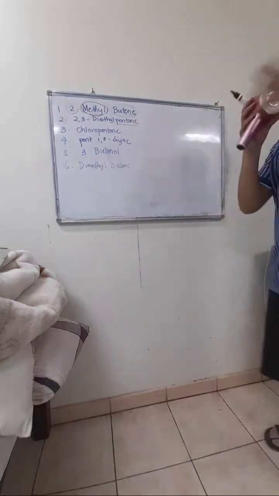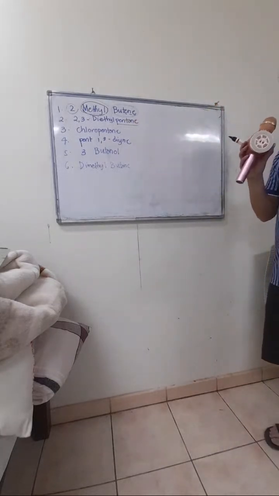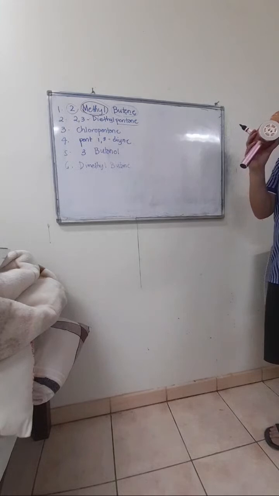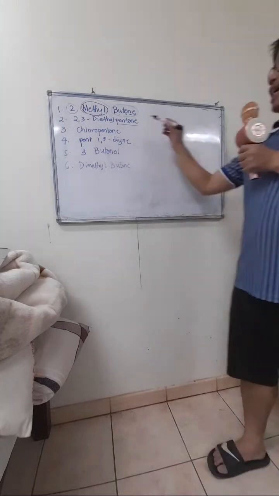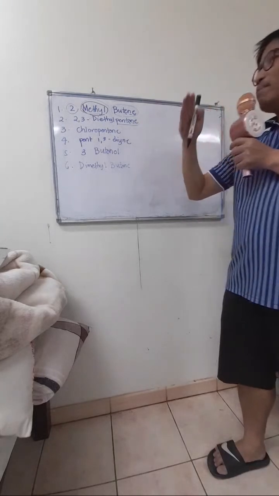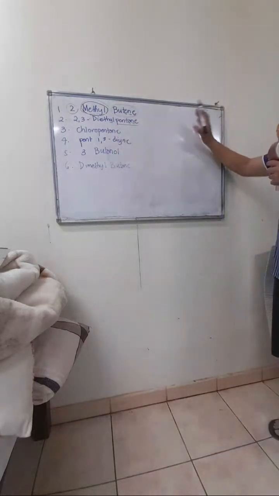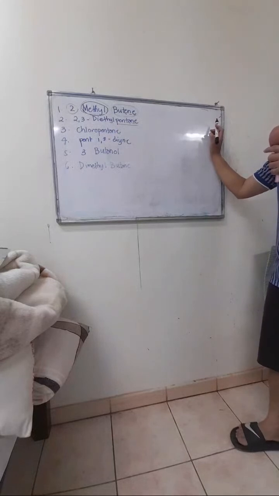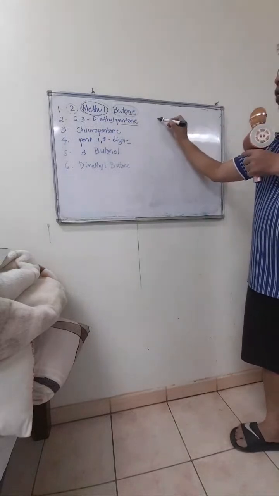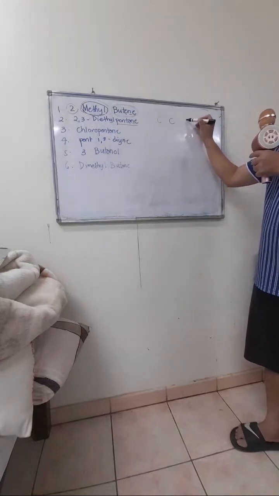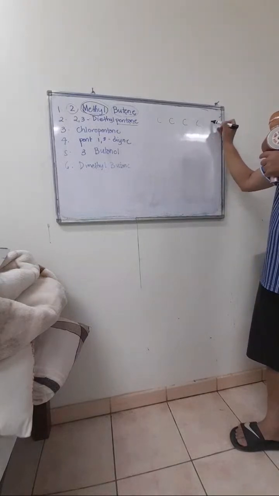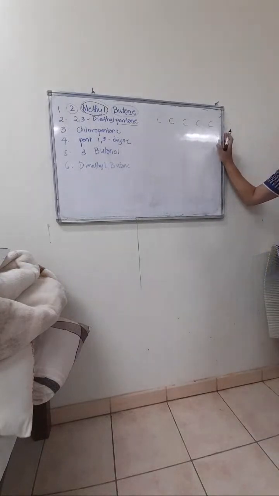This pent involves only single bonds, that is ENE, pent plus ANA, so pentane. So right now the pentane is the parent backbone of your compound. So 1, 2, 3, 4, 5. It contains 5 atoms of carbon.